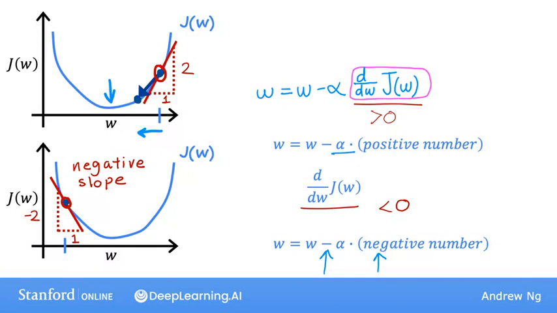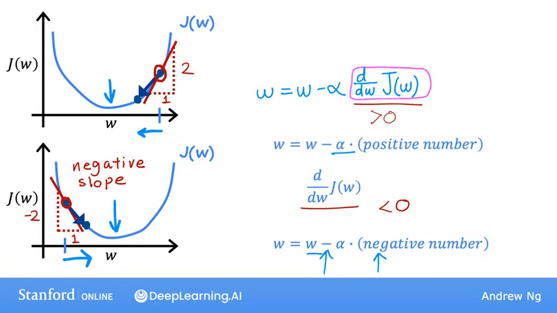Because subtracting a negative number is the same as adding a positive number to w. So this step of gradient descent causes w to increase, which means you're moving to the right of the graph, and your cost J has decreased down to here. Again, it looks like gradient descent is doing something reasonable. It's getting you closer to the minimum.